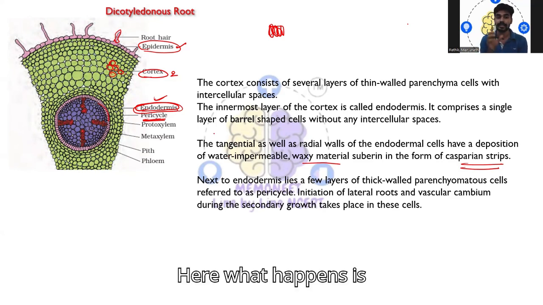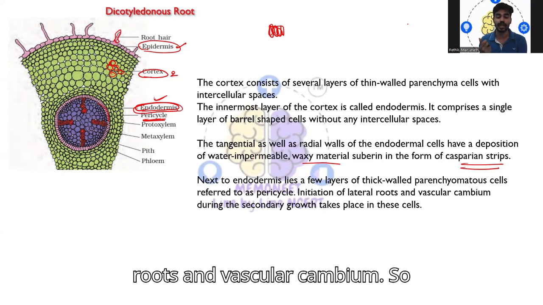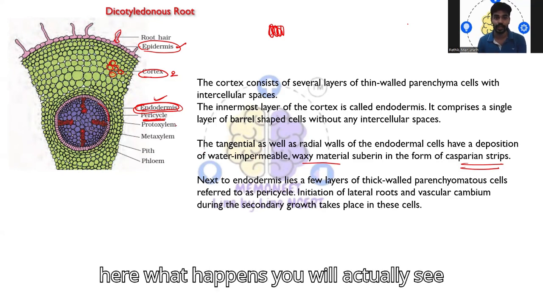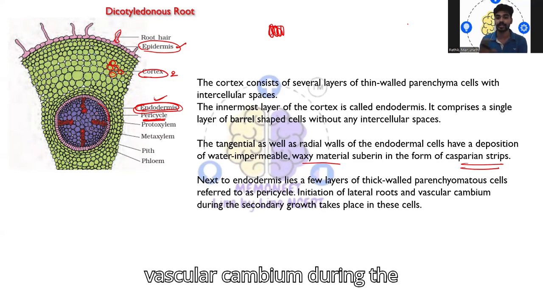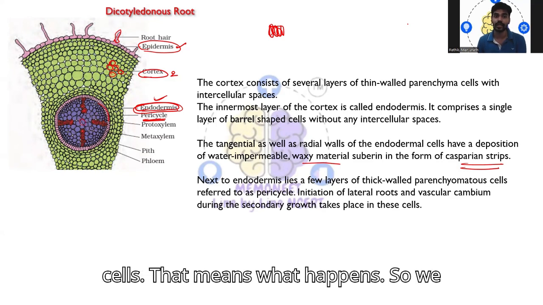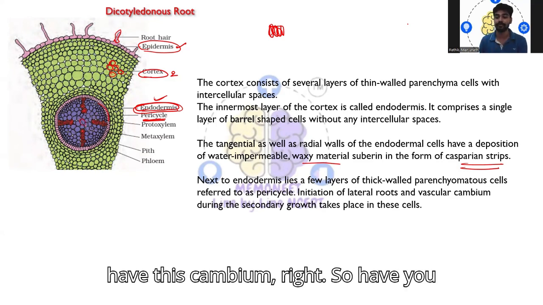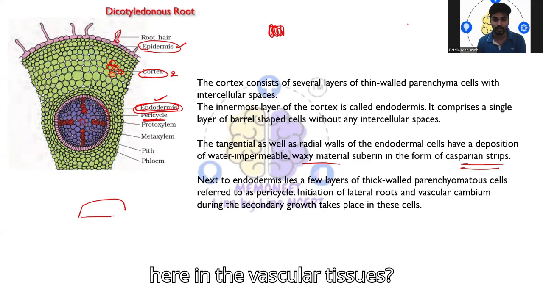Here, the initiation of lateral roots and vascular cambium takes place. So the lateral roots and vascular cambium during secondary growth arise in these cells. Do you remember the structure in the vascular tissues?